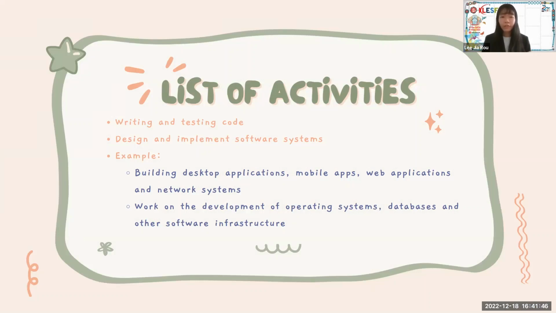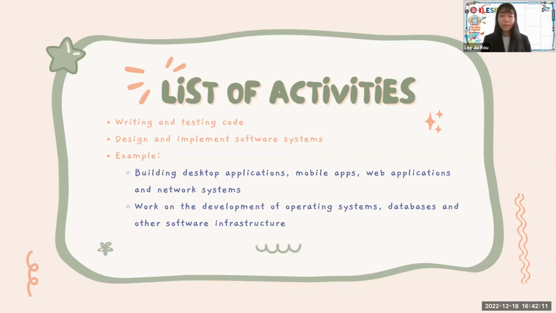After you have written your code, you must test it so that you will know if there are any bugs or errors, so that you can fix them immediately. Other than writing and testing the code, you also design and implement software systems.